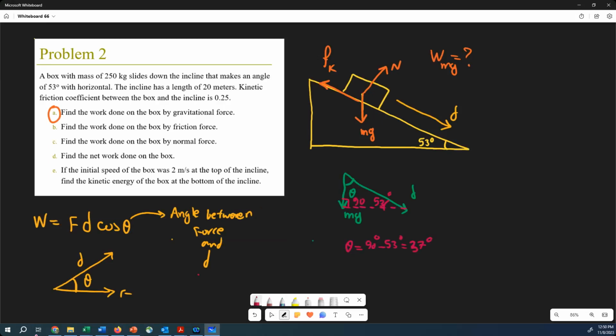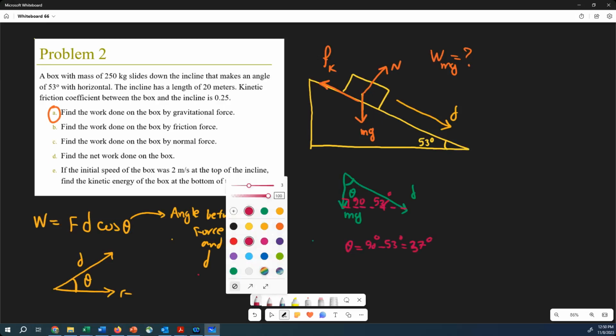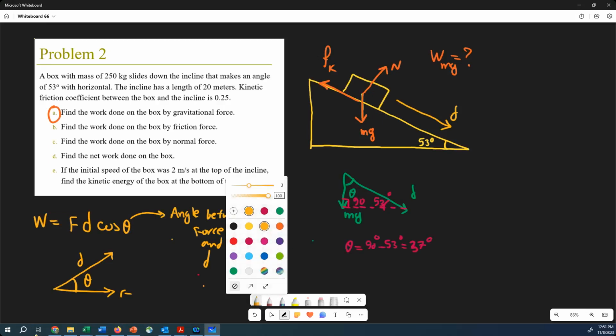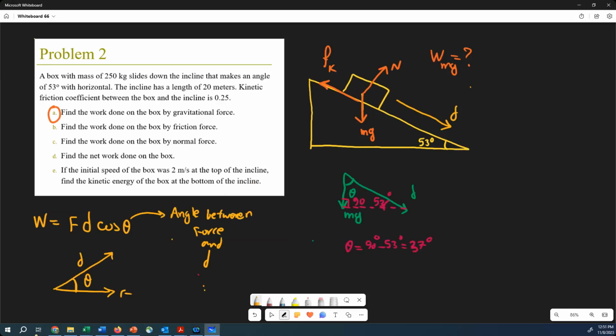That's it. And I just write the formula here. W is going to be mg multiplied by d multiplied by cosine of the angle between these two, mg and d.